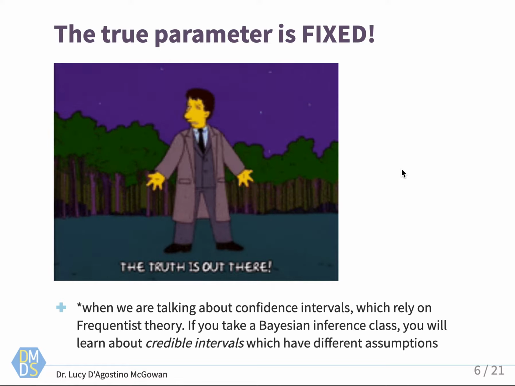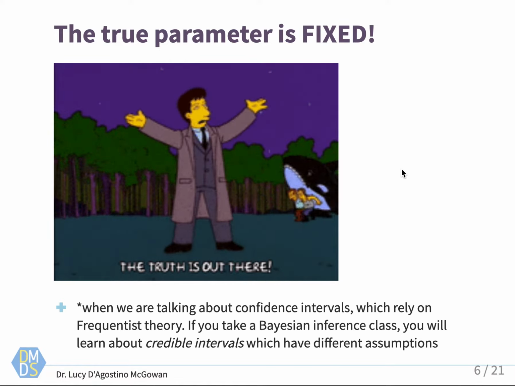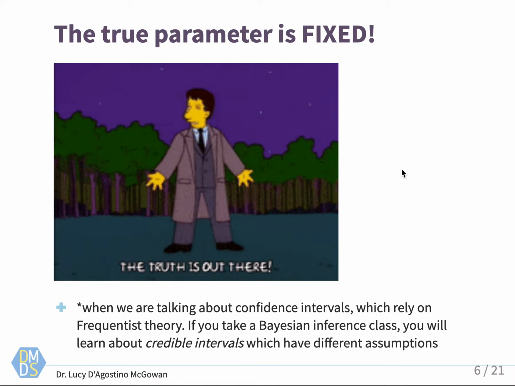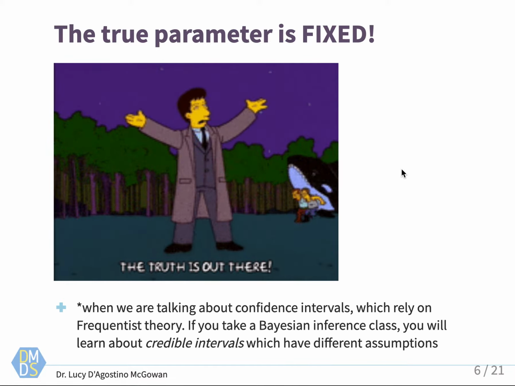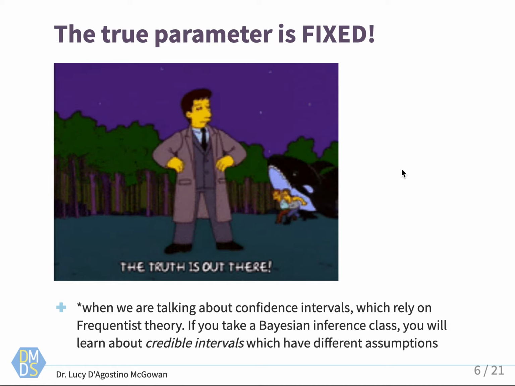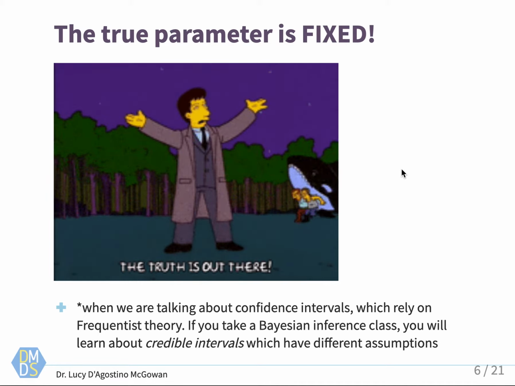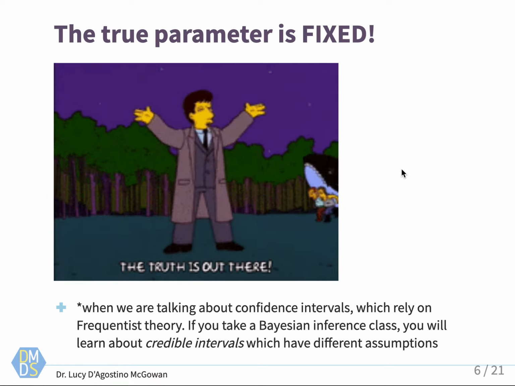And let me clarify that when I'm saying the true parameter is fixed, I'm talking about confidence intervals as you've learned them in this class, which rely on what's known as frequentist theory. The true parameters, so the beta coefficients, for example, are fixed. Now, if you end up taking a Bayesian inference class, which is a different way to think about statistical inference, you're going to learn about something called credible intervals.